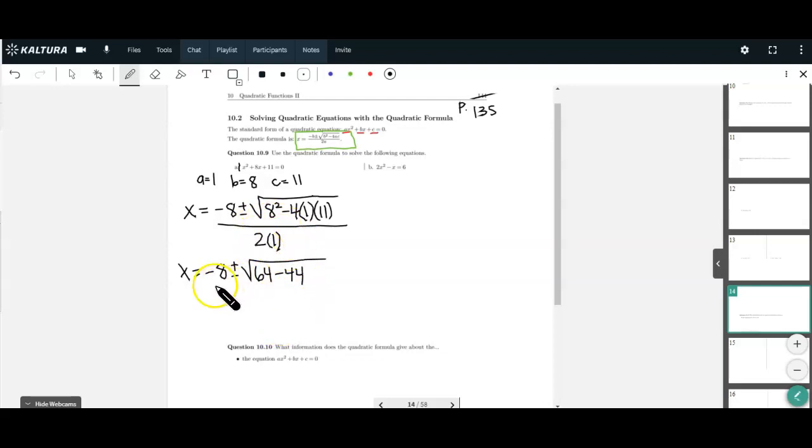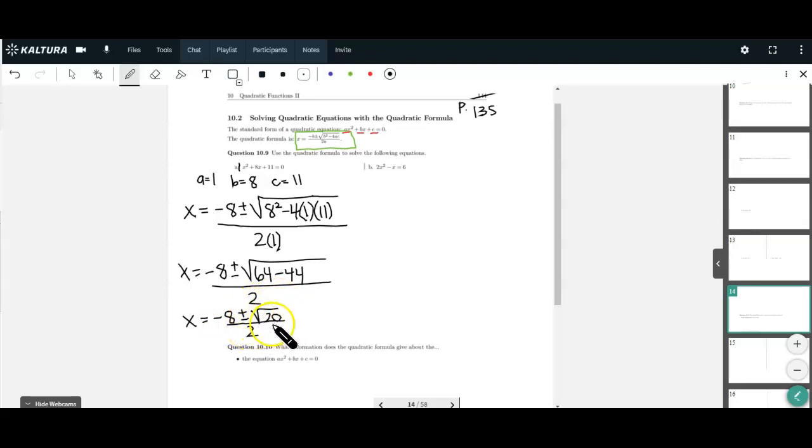And then on the bottom, 2 times 1 is just 2. Let's keep simplifying. So x equals -8 plus or minus the square root of 64 minus 44, which is 20, all over 2.